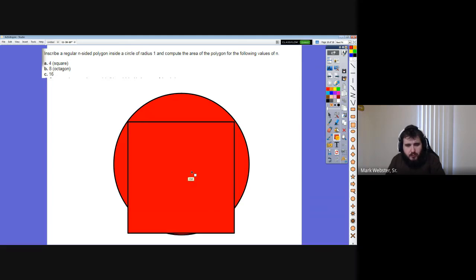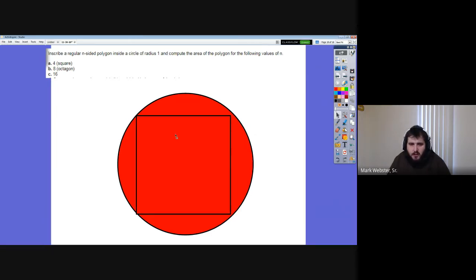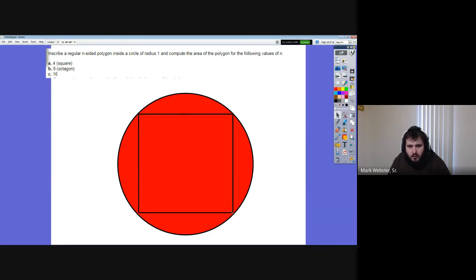I want the square so that all 4 corners touch the circle. That's what I want. There we go. That's pretty good.